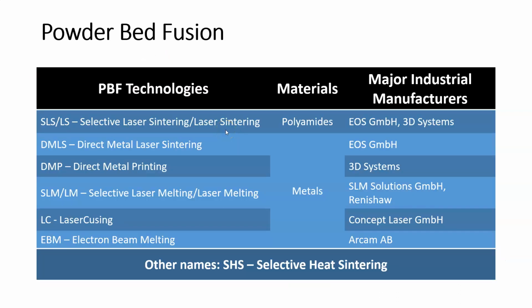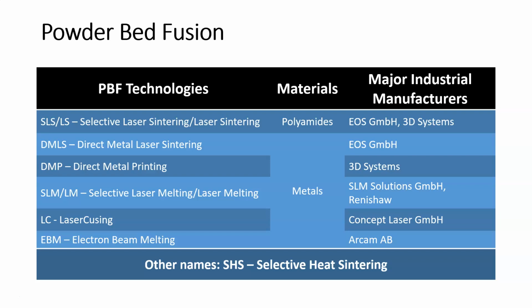All right. So, what are some important powder bed fusion technologies and companies that are developing this kind of additive manufacturing process? So, we have selective laser sintering. Or actually, let me back up a little bit. The powder bed fusion process is known for its, among other things, its crazy amount of acronyms and abbreviations for the processes.